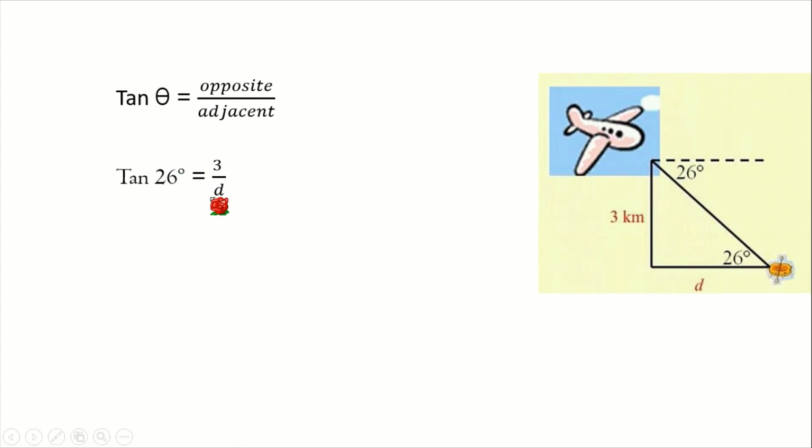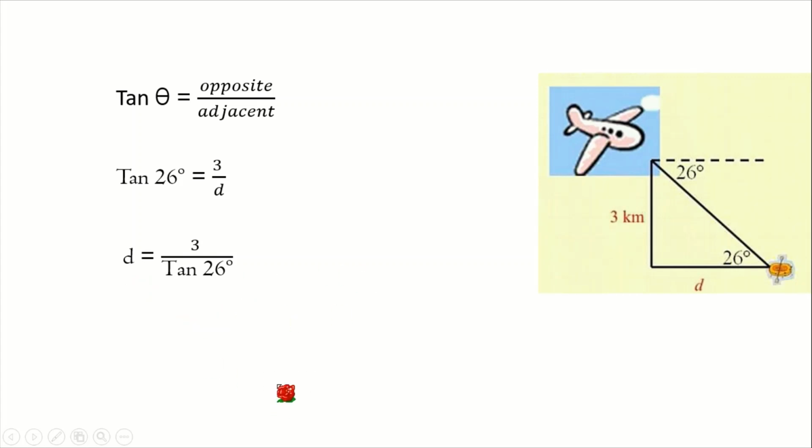When we multiply both sides by D, that will eliminate D here, and here we get D times tangent 26. But since D is what we are looking for, apply the division property of equality again so that what remains is D equals 3 divided by tangent 26 degrees. I have a video about the division property of equality and the multiplication property of equality.